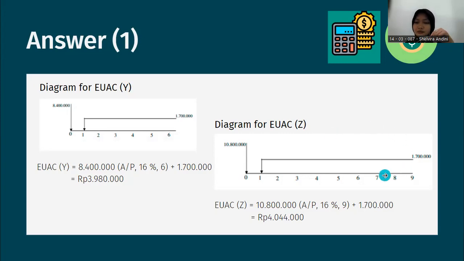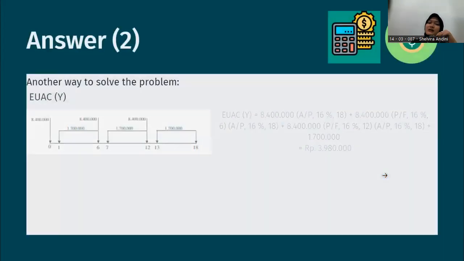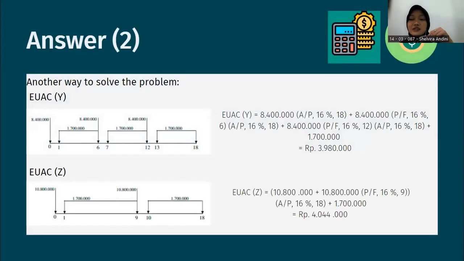And then we can make a second alternative for this problem. The calculation of alternative 1 is called the implicit calculation. Another way is the explicit way, using the least common multiple of 6 and 9 as the comparison. The method is as we can see on the screen.